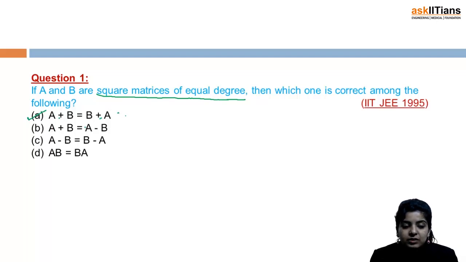A plus B is A minus B, this is obviously not possible. A minus B is B minus A, no. And AB is BA. We haven't discussed multiplication of matrices yet, but multiplication of matrices is not commutative, right? So even this is false. We have just now discussed addition of matrices is commutative. So A plus B is B plus A. This one is the right answer.